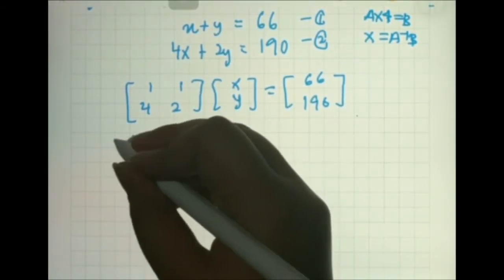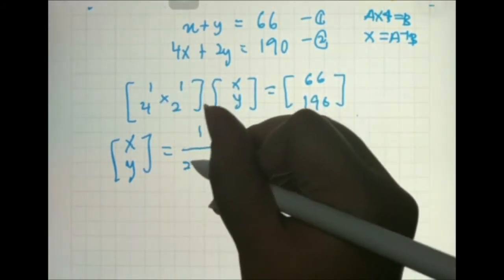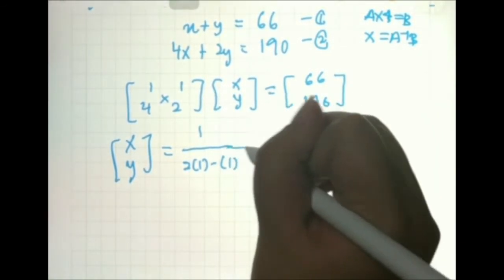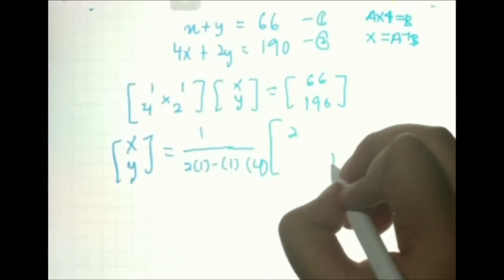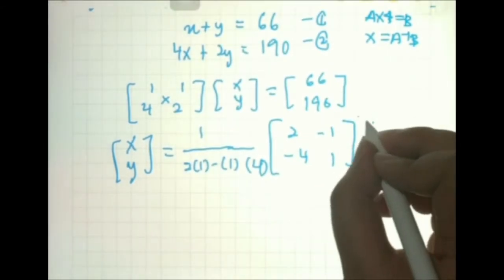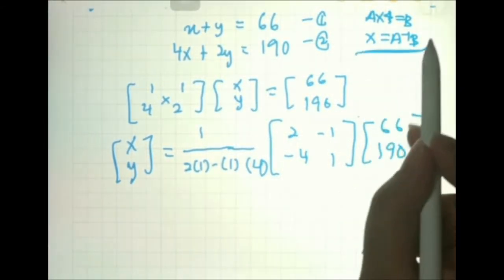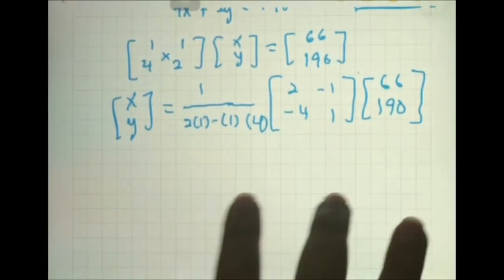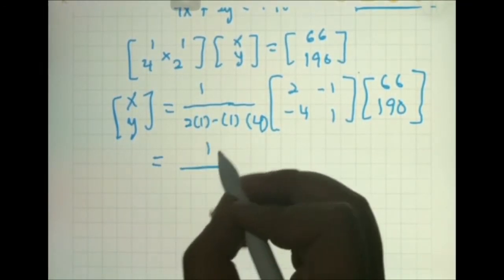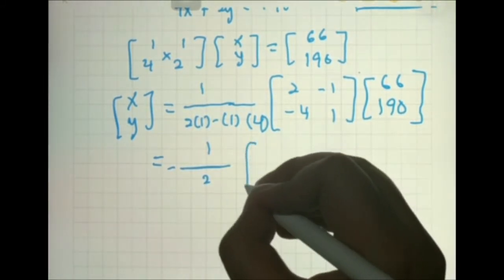So x, y equals the inverse: 2 times 1, minus 1, 4. We multiply it with the matrix, so 2 and 1, switch it, and add the negatives to 1 and 4, times 66, 190. So this formula, and then we get 1 over negative 1 over 2.